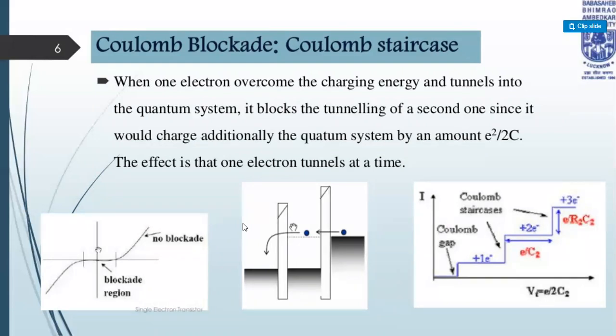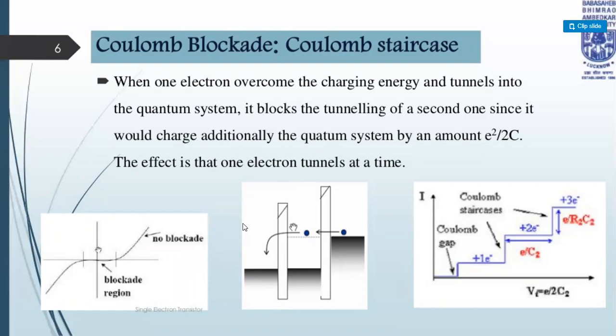That is the effect of one electron tunneling at a time. The curves of the no-blockade and blockade regions are the same in the SET effect. The second diagram shows the two tunnel barriers, where one goes downwards and another shows a straight line from the staircase.